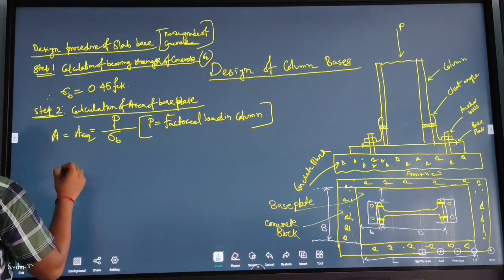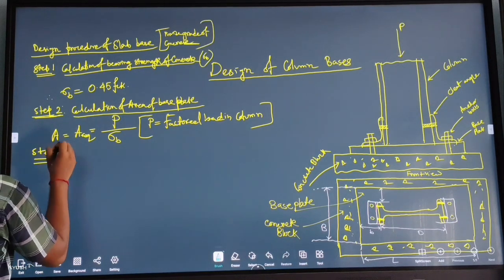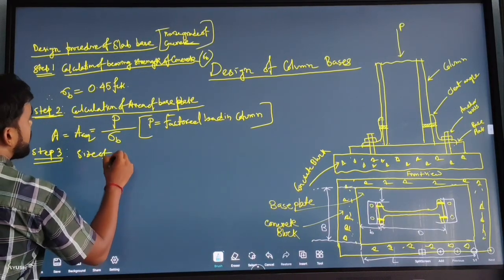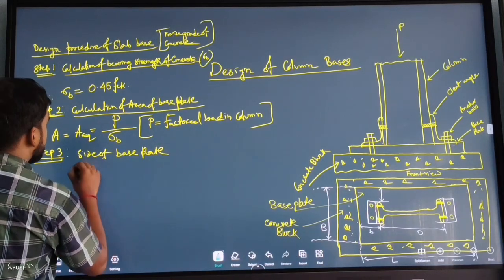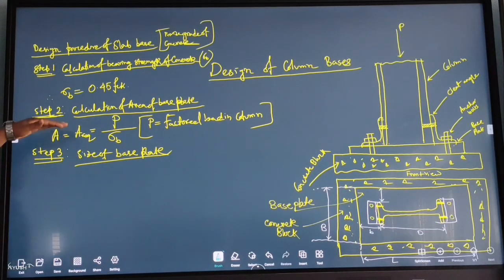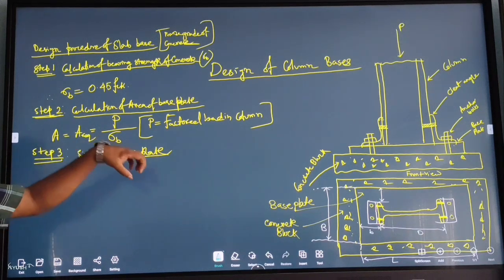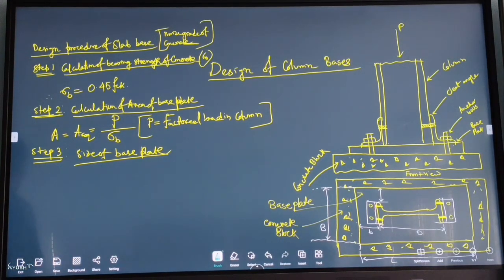Then step 3. Size of base plate. From this equation you can calculate how much area is required for the base plate. So you can provide a rectangular size base plate or maybe a square size base plate.